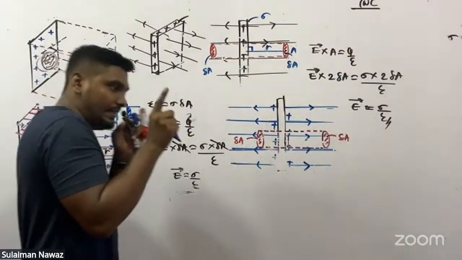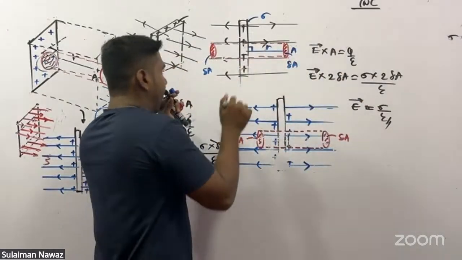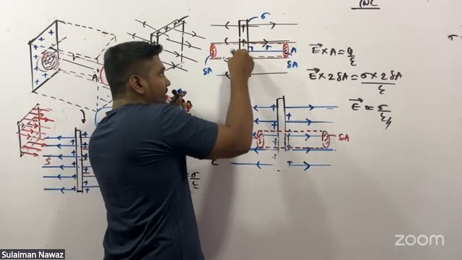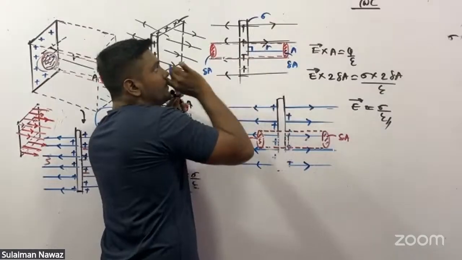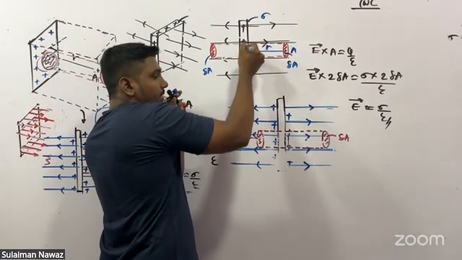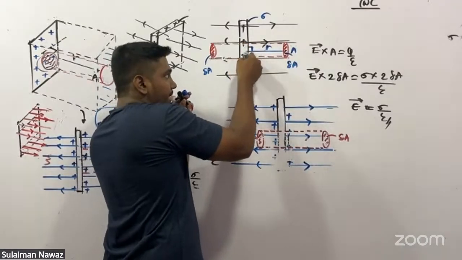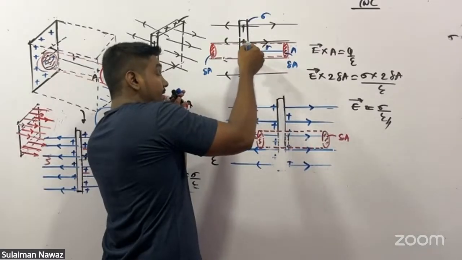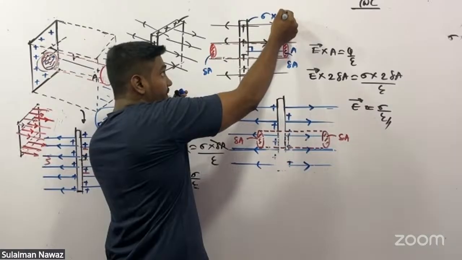But when it comes to non-conductive plates, if you want to find the charge inside this region, it is only going to be equal to one of the areas. You can't consider this area delta A twice. The total area is 2 delta A on the plate, but you can't multiply by 2 delta A like you did previously.